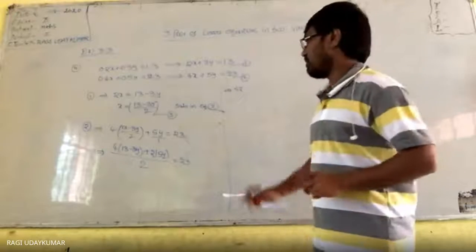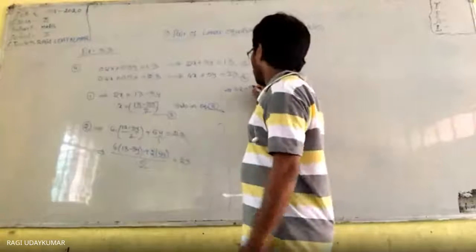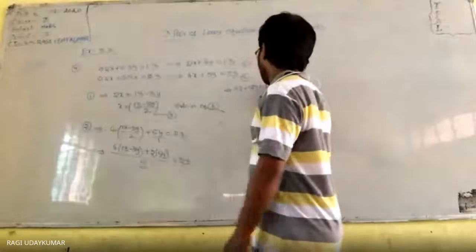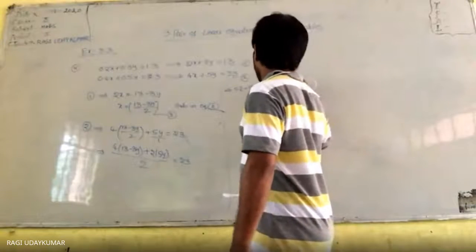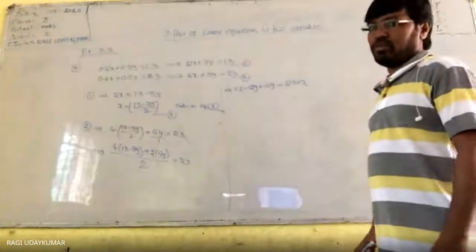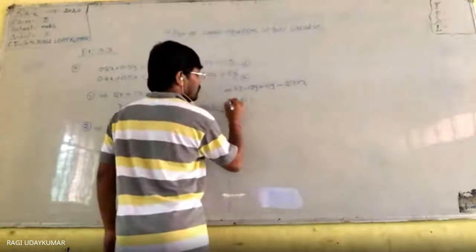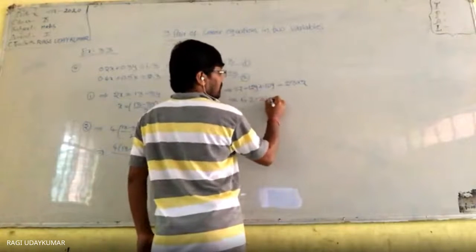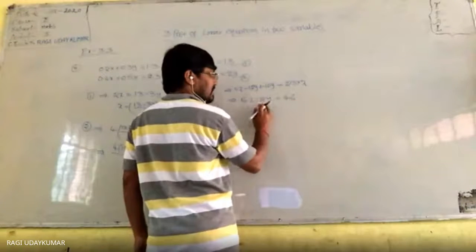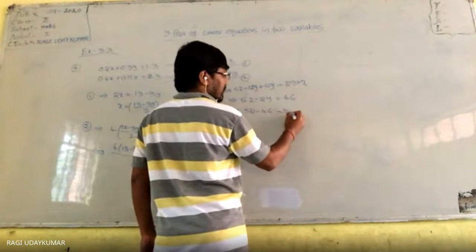I will ask you the question. 52 minus 4 3s are 12y, plus 2 5s are 10y, is equal to 23 into 2. Here 2 is taken to this side. Now if you simplify, 52 minus 2y is equal to 46. Now take 46 this side and 2y to that side. So 52 minus 46 is equal to 2y.